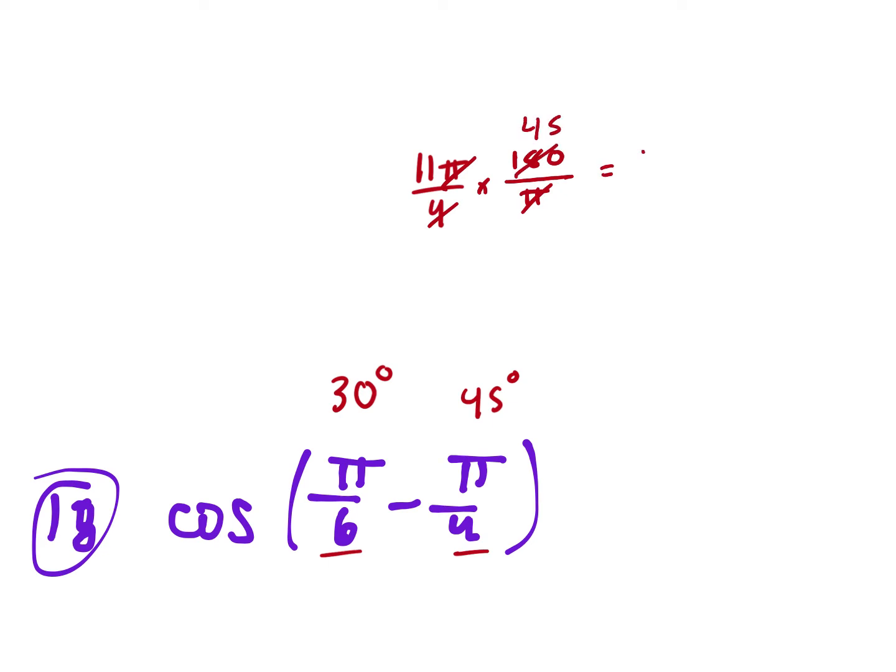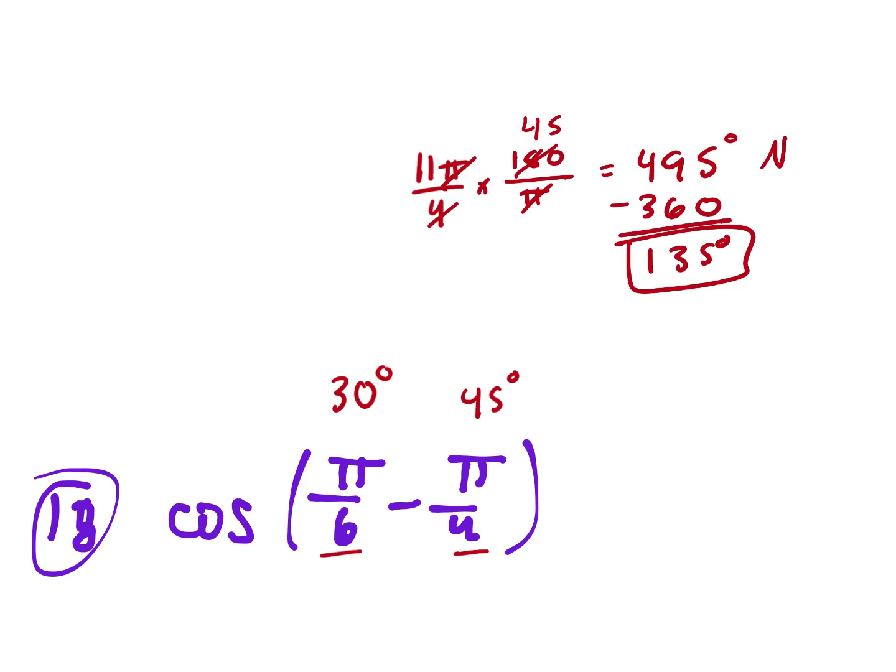So this will be 495 degrees. If you have something that is not on your unit circle, you have to subtract 360 until you get something on the unit circle. So this would be 135. So keep subtracting 360 until you get something on the unit circle. You've got to find a coterminal angle. You can't do something that is not on the unit circle.